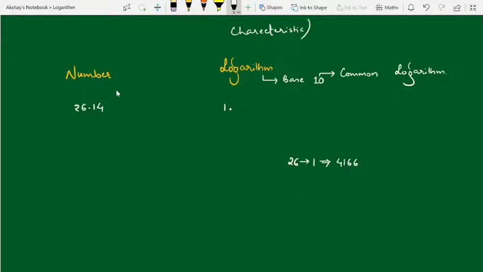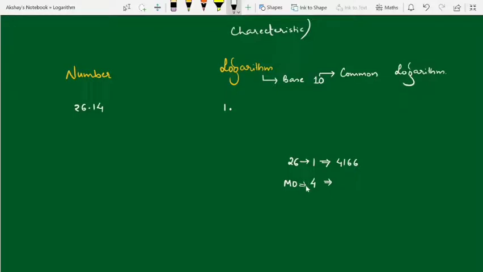So 26 under 4 we got, and how do we find this 4? From the mean difference column, just at the right side of the page you will get it in the log table. Just check in mean difference what is the value for the fourth one. So for the fourth one I have the value as 7. That means under 4, this is nothing but the mean difference value.